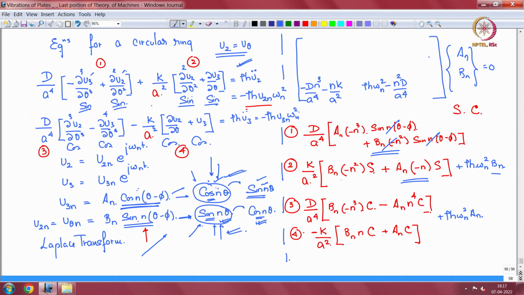Then minus n square k by a square, minus n square k by a square. Okay, that is the second equation.